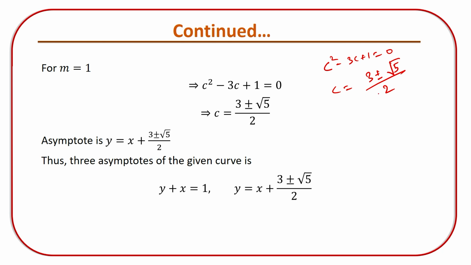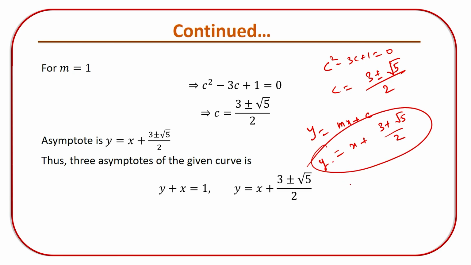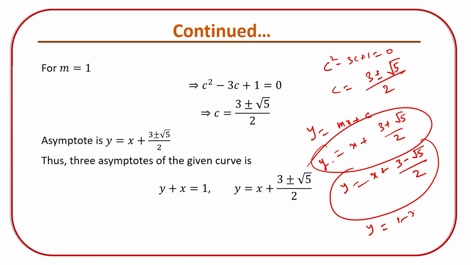So, there are two values of c, and hence y equal to mx plus c with m equal to 1 gives x plus (3 plus root 5) by 2 as one of the oblique asymptotes, and the other one is x plus (3 minus root 5) divided by 2. And the first one was y equal to 1 minus x, so this will be the third one.